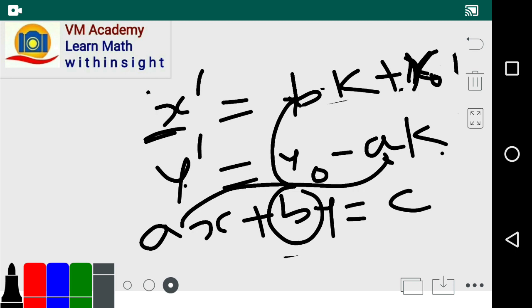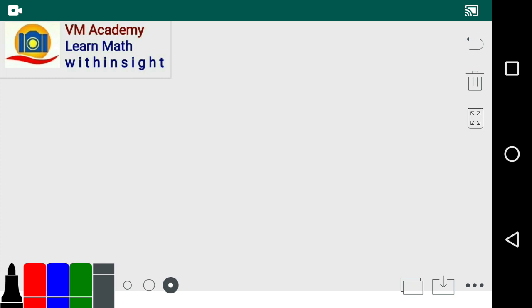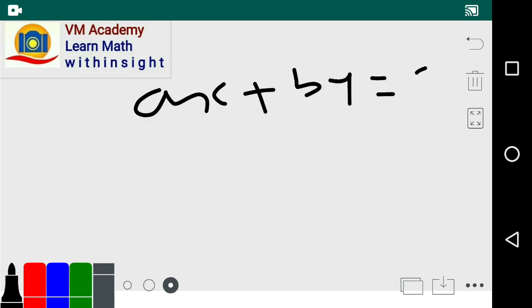So in this manner we get the solution. So we can represent it in this manner, friends: ax plus by equal to c, and x naught, y naught are the initial solution.